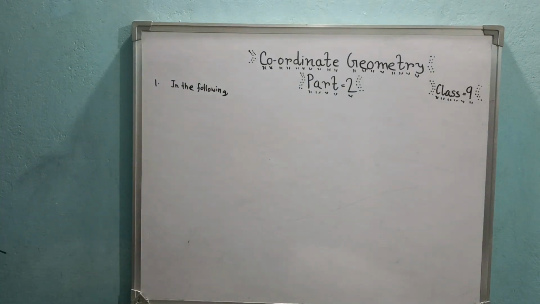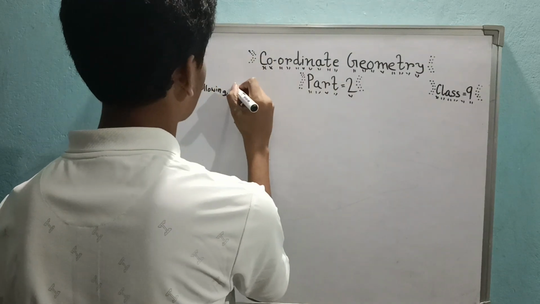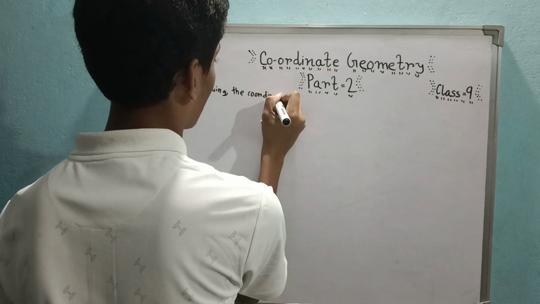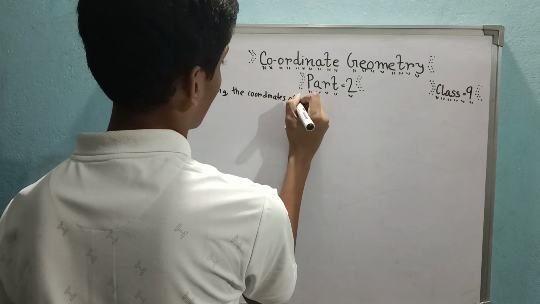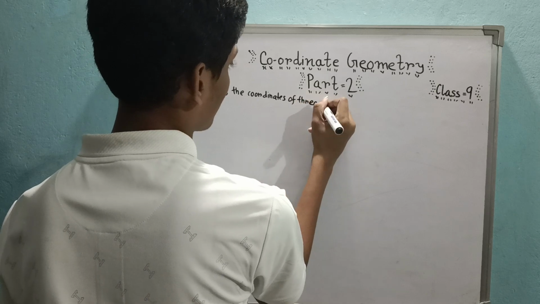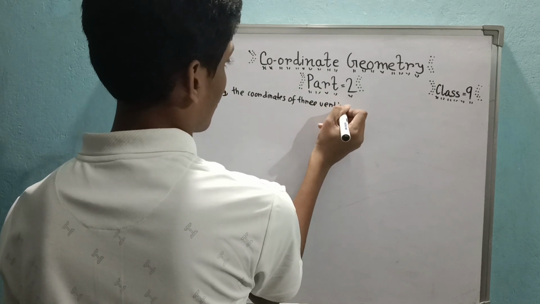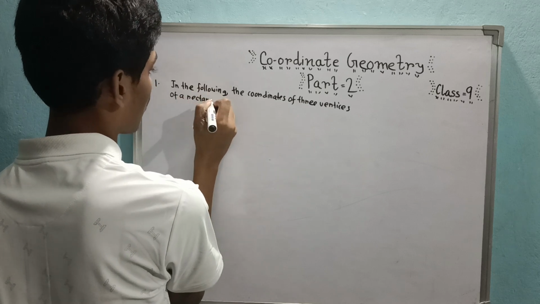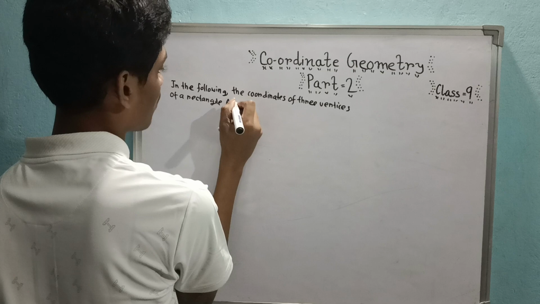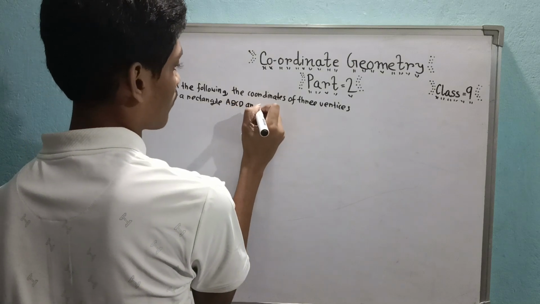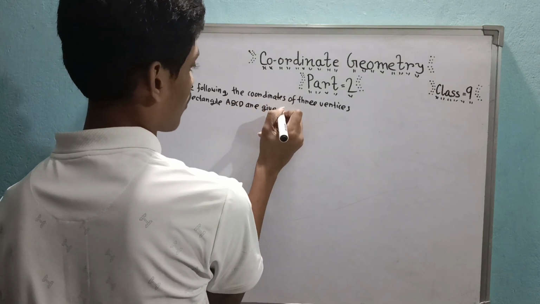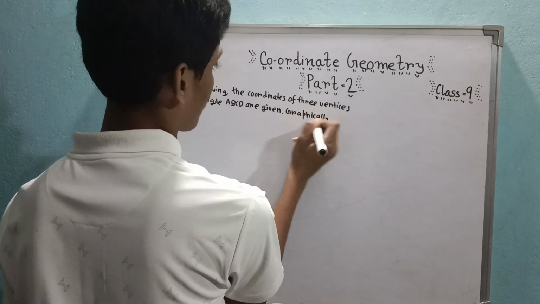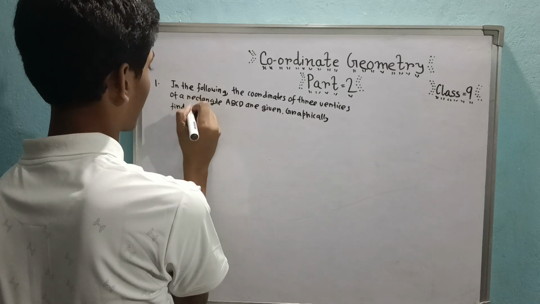The coordinates of three vertices of a rectangle ABCD are given. Graphically, find the fourth vertex.